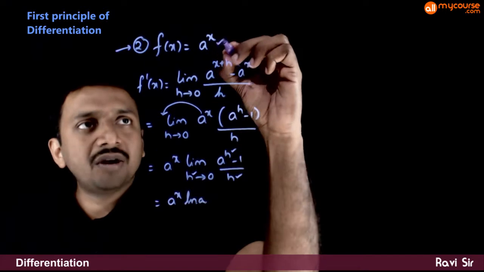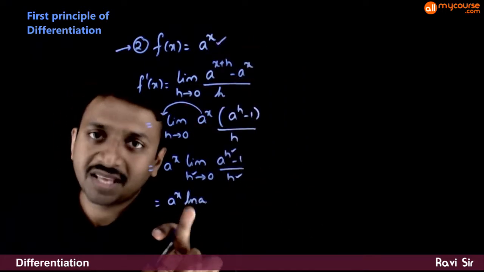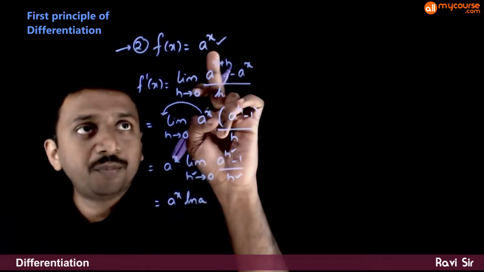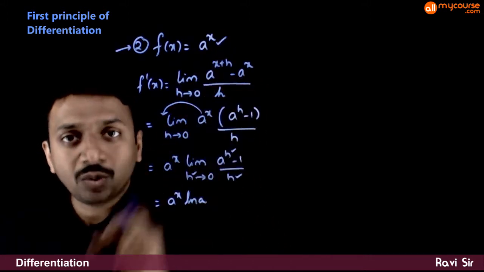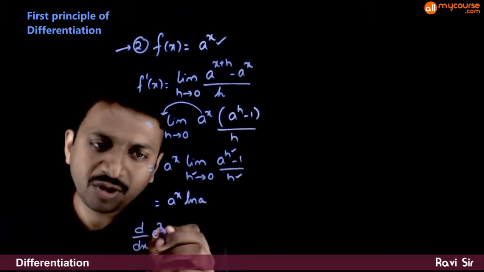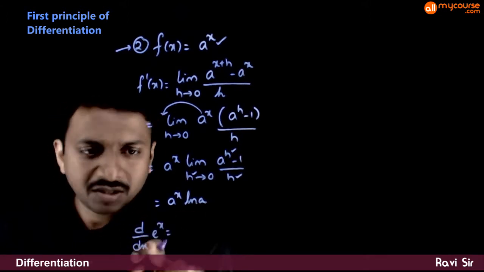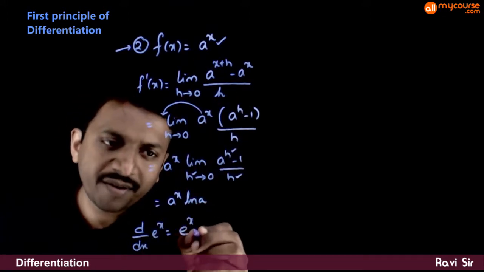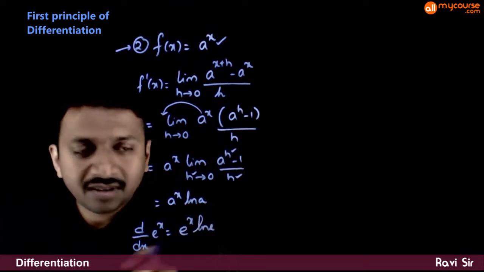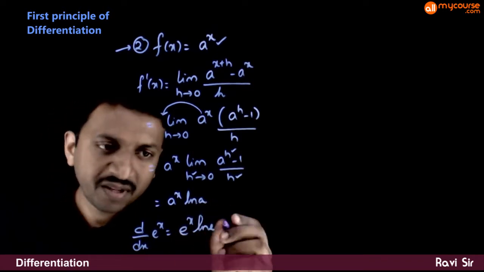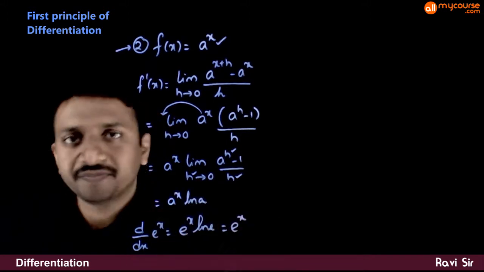So the differentiation of a^x is nothing but a^x ln a. And if you put a equal to e, d by dx of e^x is equal to, in the place of a you have e, so it becomes e^x ln e. ln e is nothing but 1 because the base is also e, so you get e^x.